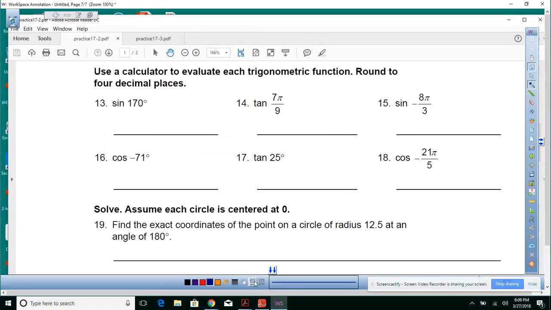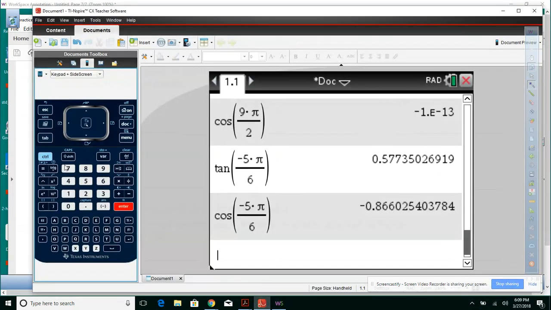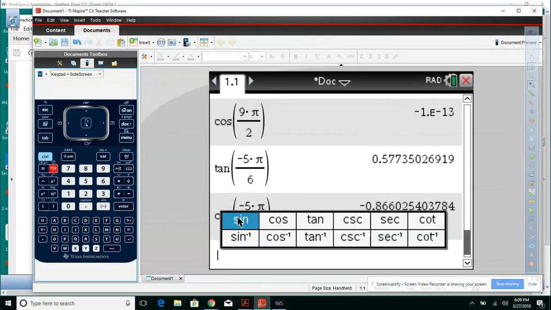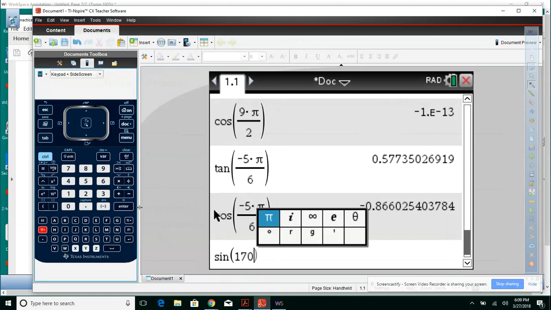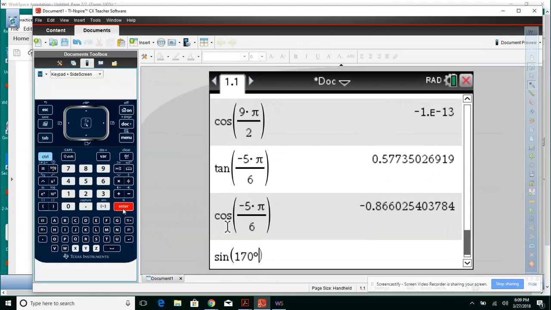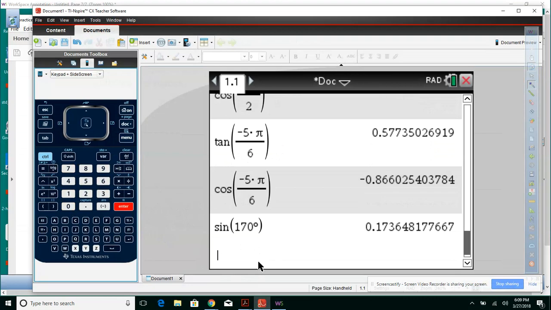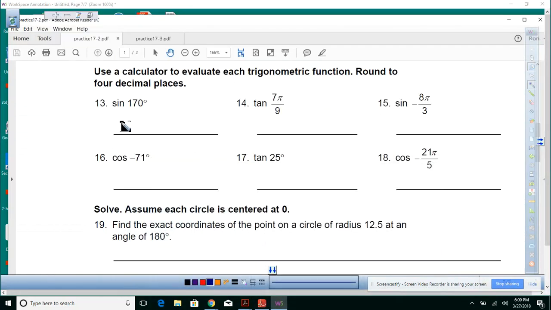So here we're just going to go in and put sine 170 degrees, and that gives us 0.1736. All right, and y'all can do the rest of those in your calculator.